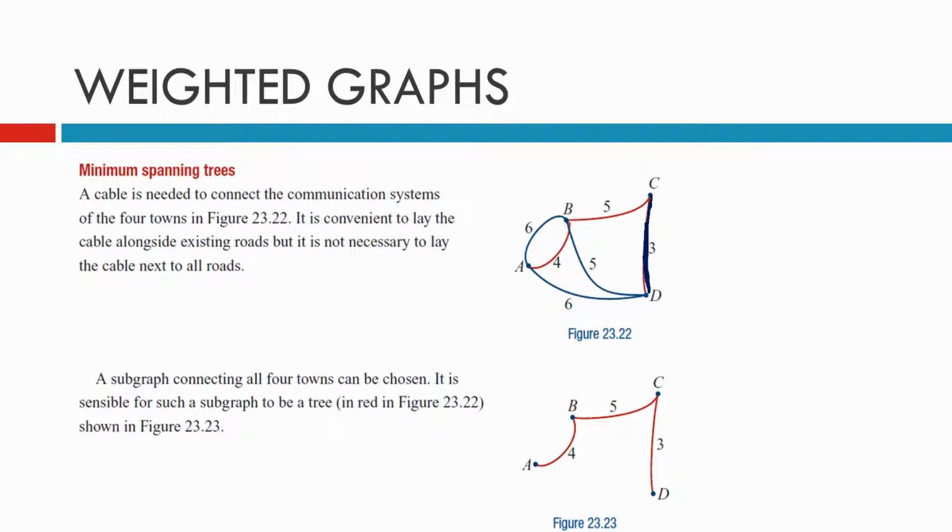In this case it's 5, 5 or 6, so it doesn't matter. We'll choose one of the 5s. We'll choose this one here. And then again, another one that connects another vertex. Well, we've only got A to go, and the easiest way to connect this one is through here, because that's the smallest one. So we get this minimum spanning tree that's shown in figure 23.23.